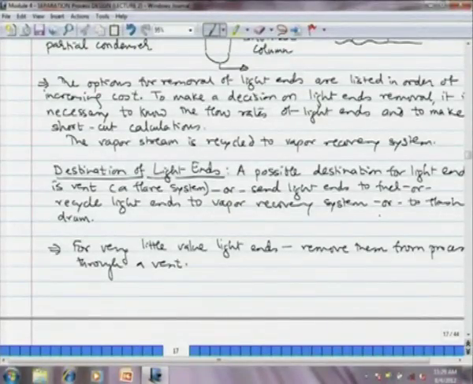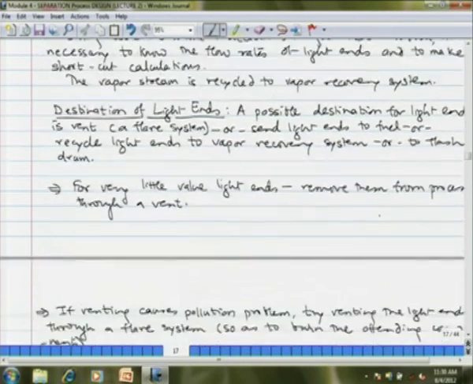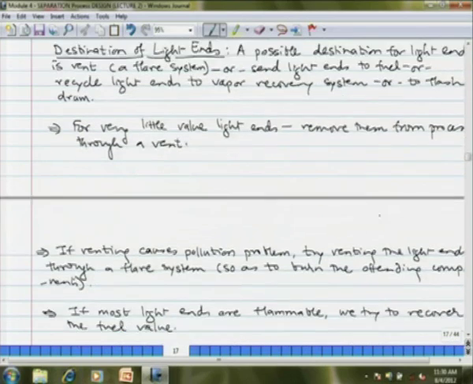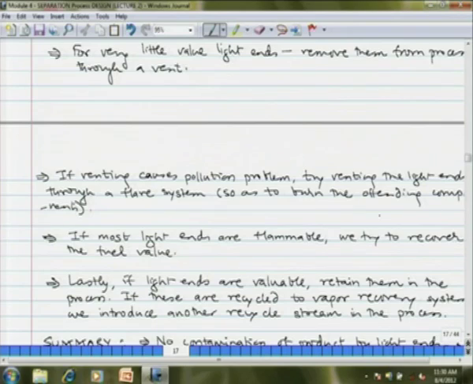These are recovered and fetch good market prices. Butene is also used as a reactant, and butadiene is a monomer for butadiene rubber and styrene butadiene rubber. So, these are some of the possible destinations or uses of the light ends. For very little value of light ends, remove them from the process through a vent and then use them basically as the fuel in the process.